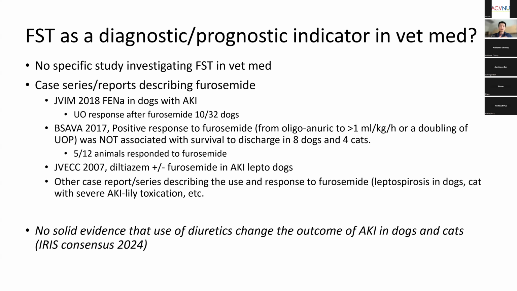So in this topic we are not trying to point out what outcomes are changed by furosemide itself, but how we incorporate the furosemide stress test, as in the human clinical trials that has been implemented and has changed their triggers for renal replacement therapy, which might have assisted in improving the outcomes, not by the furosemide itself.